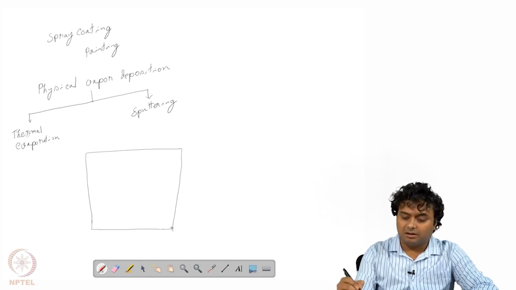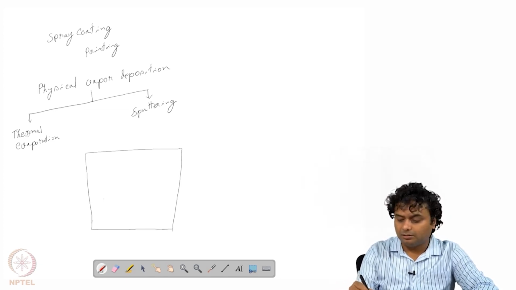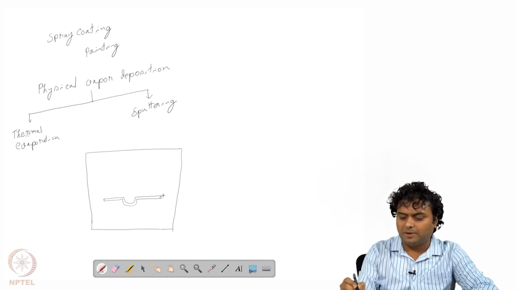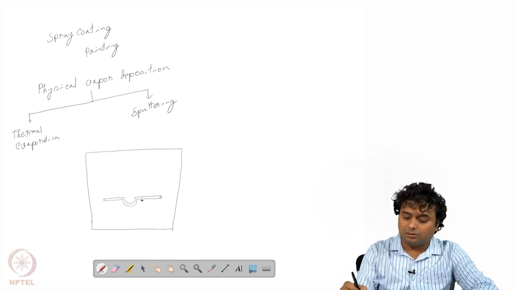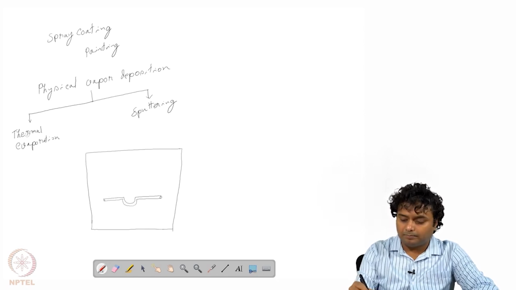Let us say this is the evaporation chamber, and inside we have some kind of boat. Boat means something which will hold the material, and it is some metal which can conduct current. This is just like a metal holder for the sample, and this thing can carry current. This is a conductor, okay, and it can withstand high temperature.